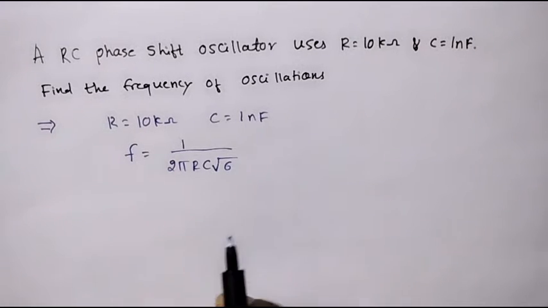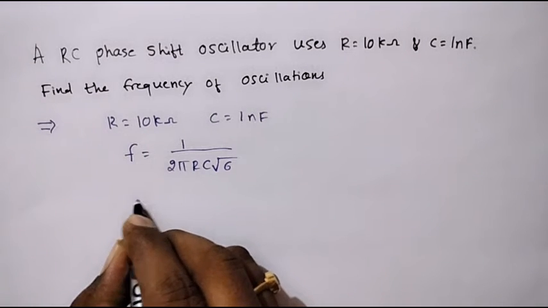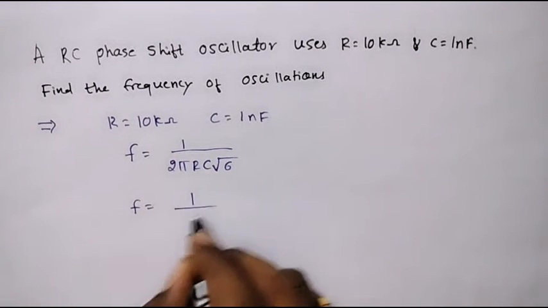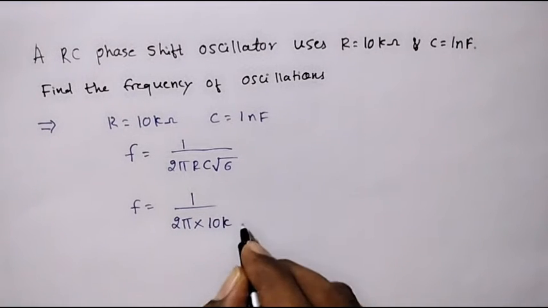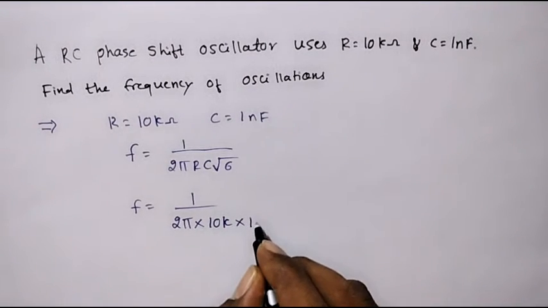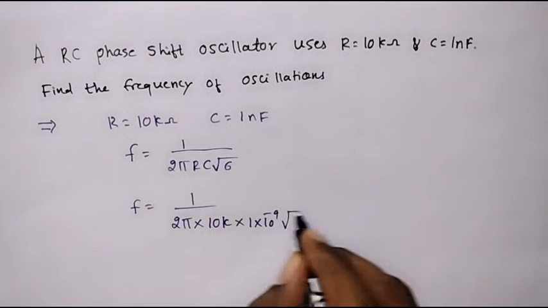RC root 6. Let's substitute the values, that is f is equal to 1 over 2 pi, R value is given, that is 10K, into C value is given, that is 1 nanofarad, nano is nothing but 10 raised to minus 9, into root 6.